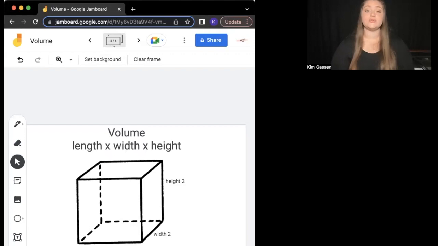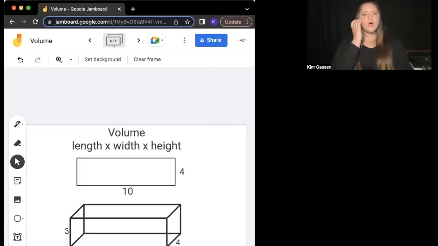We are going to do length times width, which we got before was 4, times height, which is 8. And so for the area, we say that something is however many feet squared. For volume, we say it's however many feet cubed, okay?